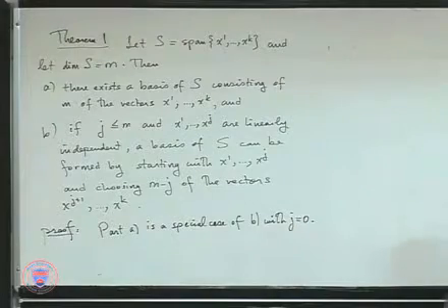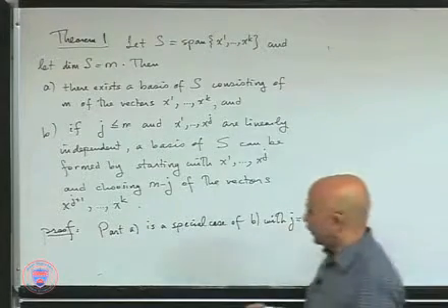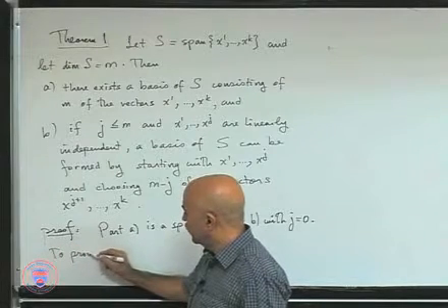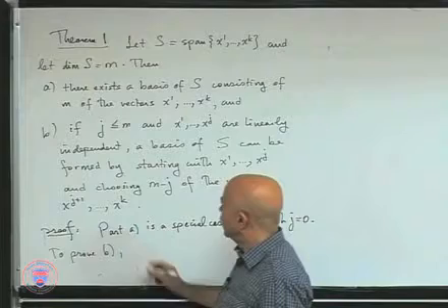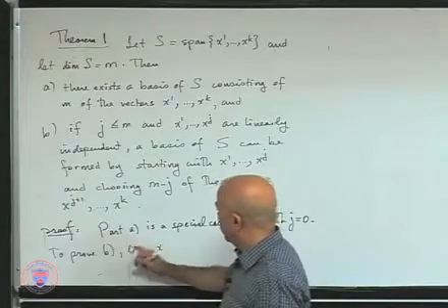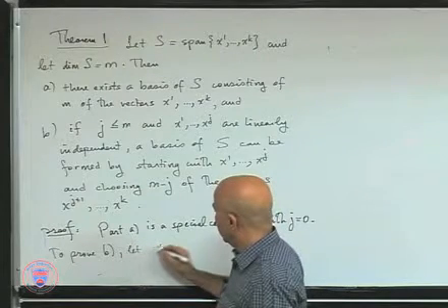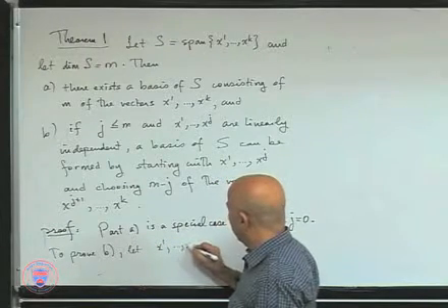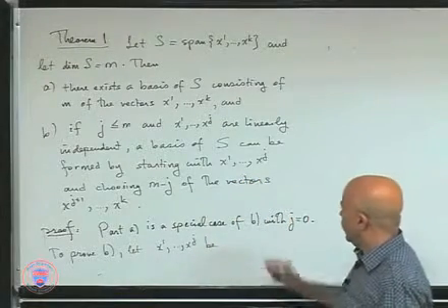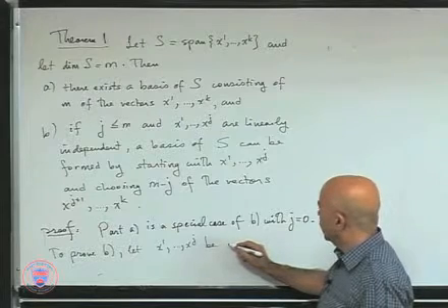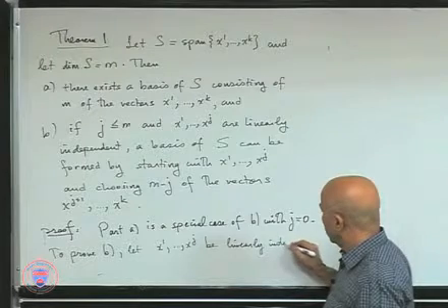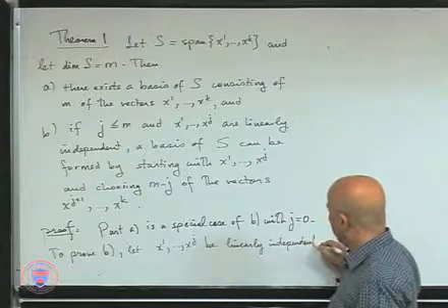So I will just go ahead and work on part B. To prove B, let x1 through xj be linearly independent by assumption.